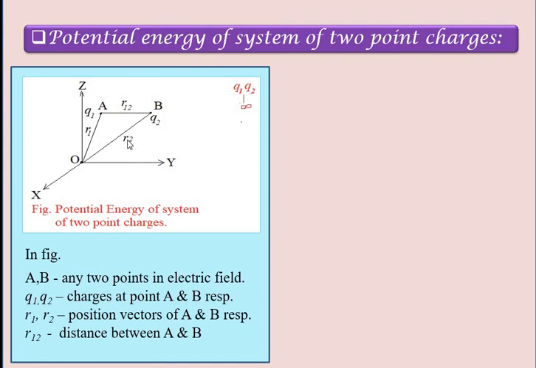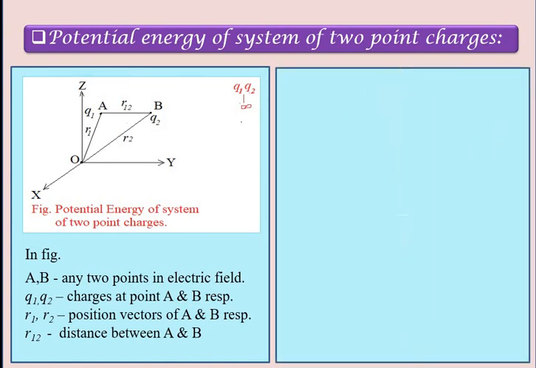Here R1 and R2 are the position vectors of the charges Q1 and Q2, and R12 is the distance between Q1 and Q2. Initially, the charges Q1 and Q2 are at infinity, and we have to bring the charges Q1 and Q2 from infinity to points A and B.